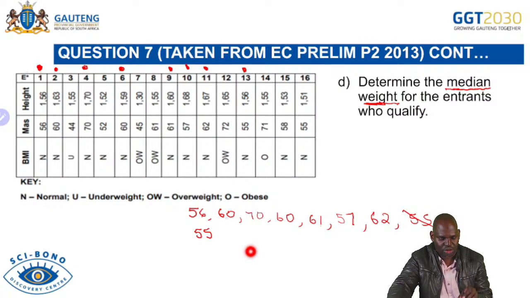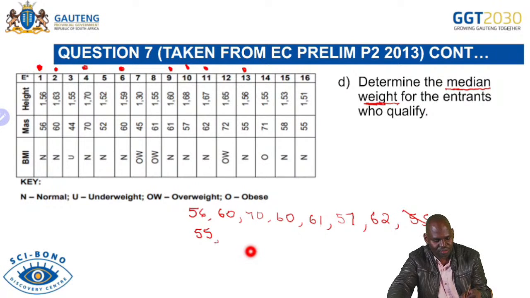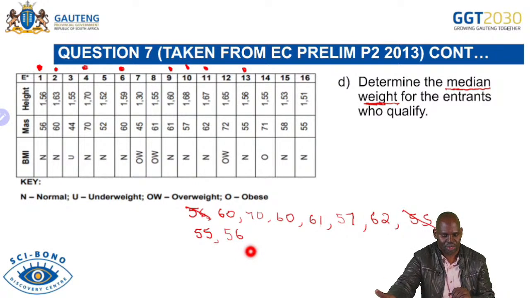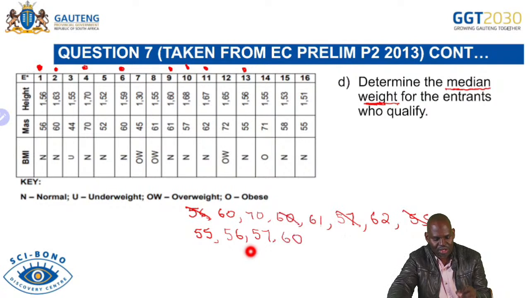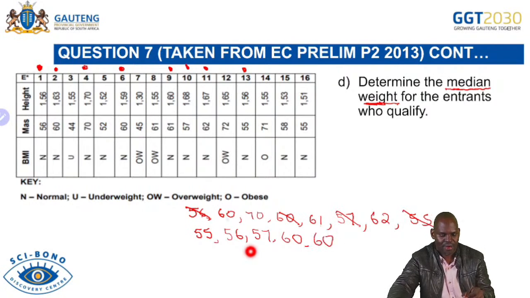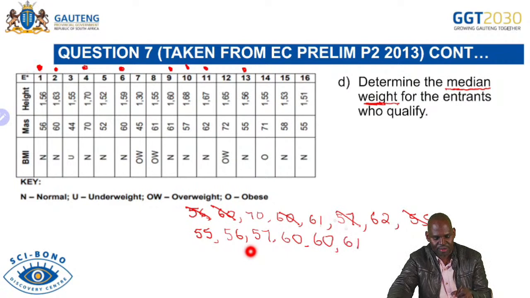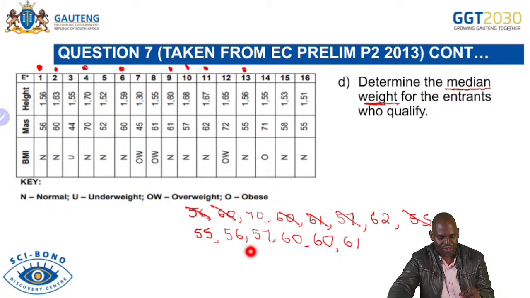Then when I check the next one, it's 56. Let's just cancel it out so that we don't get ourselves confused. Then after 56, we've got 57. Okay, cancel it out. After 57, we've got 60. Then we check, we've got another 60. Cancel, and then we've got 61. And then we've got 70.